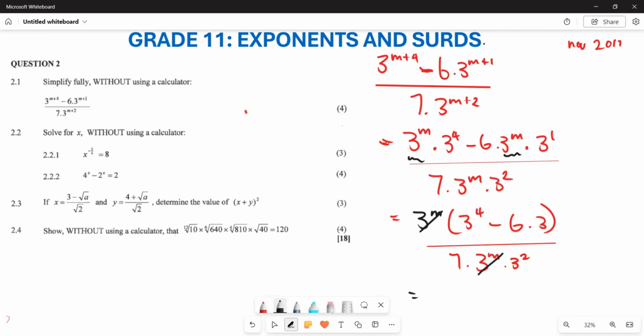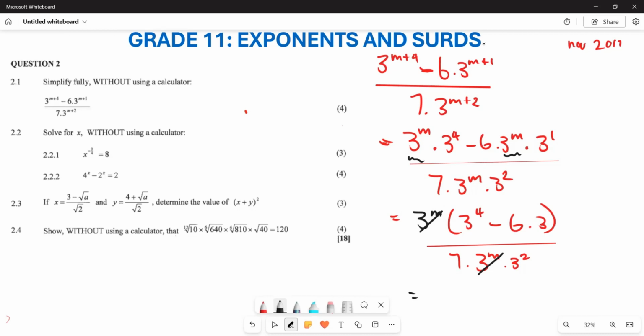Now what are you going to have? 3 to the power of 4. Let's plug it in our calculator and see. This is the same as 81.